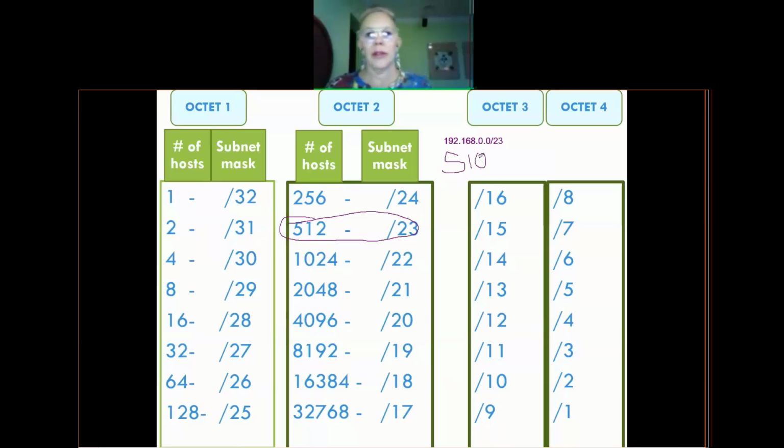Okay, how about this? A company calls you up because you work for the ISP and they say, hey, I'm part of Discover Card. And Discover Card is going to set up a whole new department for special customer needs as it relates to COVID.